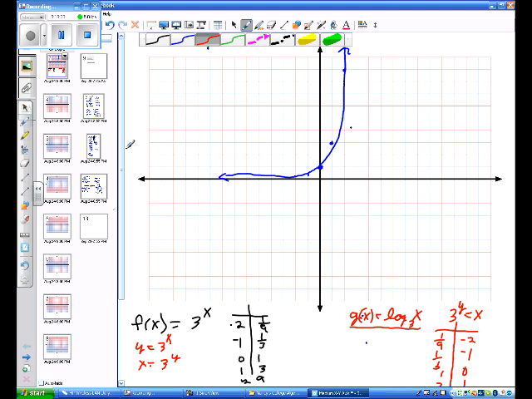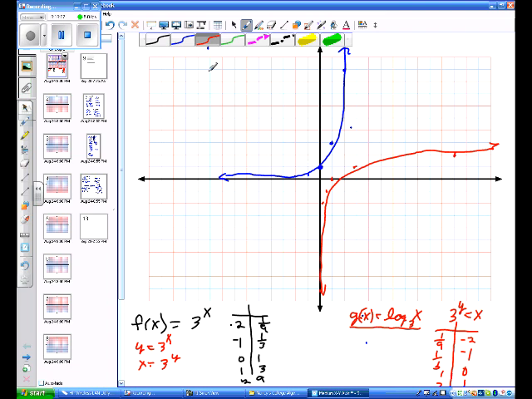Now when I graph it, 1/9 is negative 2. 1/3 is negative 1. 1 is 0. 3 is 1. And 9 is 2. If I graph this, then my graph of the inverse will look something like this, and that's my logarithmic graph.